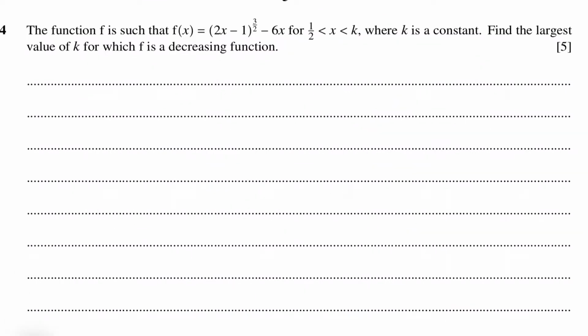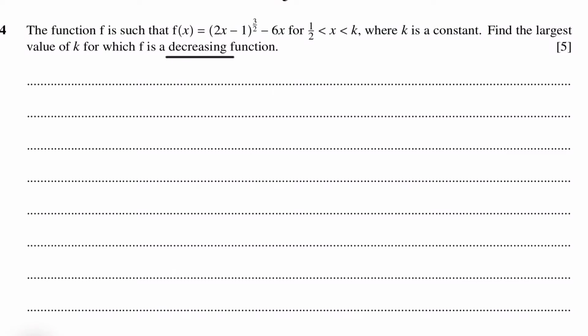The function f is such that f(x) is equal to (2x minus 1) to the power of 1.5 minus 6x, for half is smaller than x is smaller than k, where k is a constant. Find the largest value of k for which f is a decreasing function. So if you want to know if a function is decreasing or increasing, you first need to find the derivative.